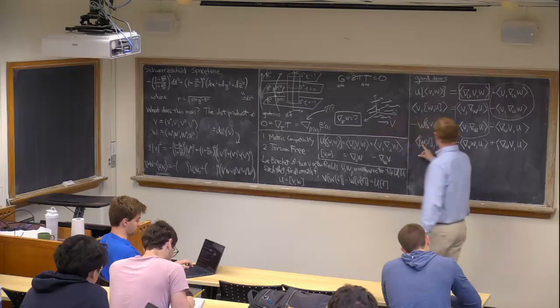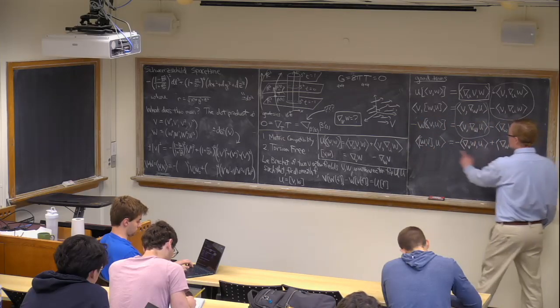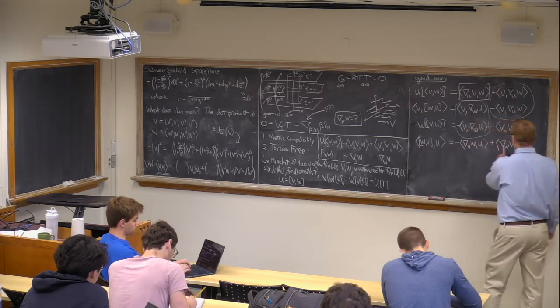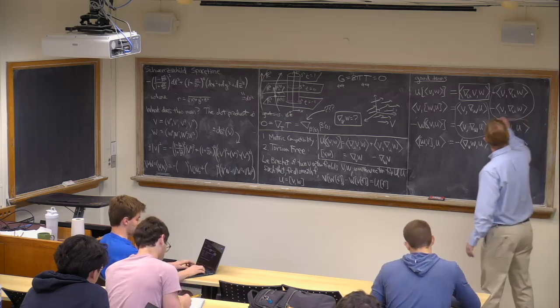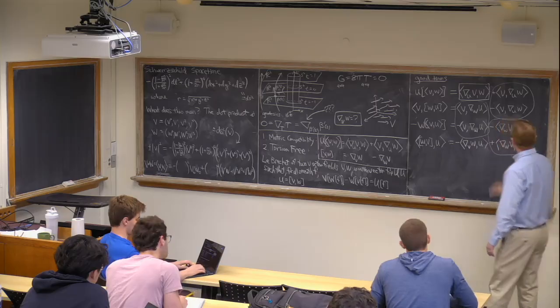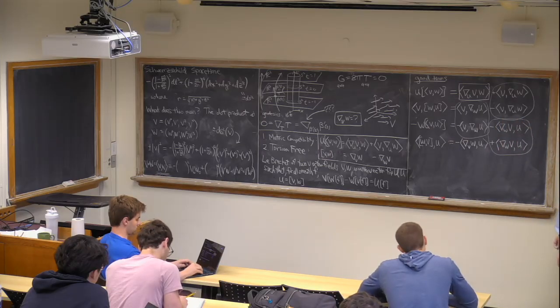Did I do that right? So W leave bracket, so everything's dot product to U, and then leave bracket of W and V is this minus that. And now these two terms cancel.